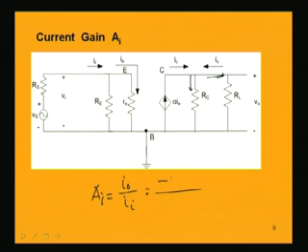So, we can write it as minus I c into R c by R c parallel R L, and I, let us keep it as I. Now, again we can write I c as alpha times I e, into R c by R c parallel R L, and I.